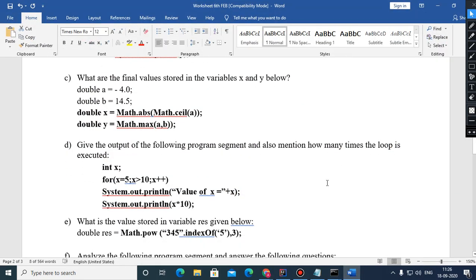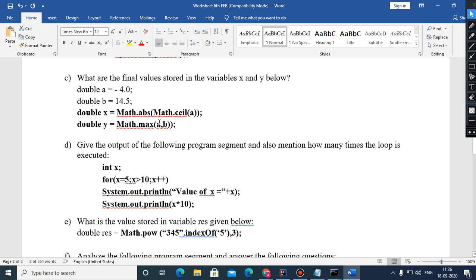Okay, now next one. Find the final values stored in the variables x and y below. Math.abs, Math.ceil of A, it is 4.0, yes, it is 4.0.